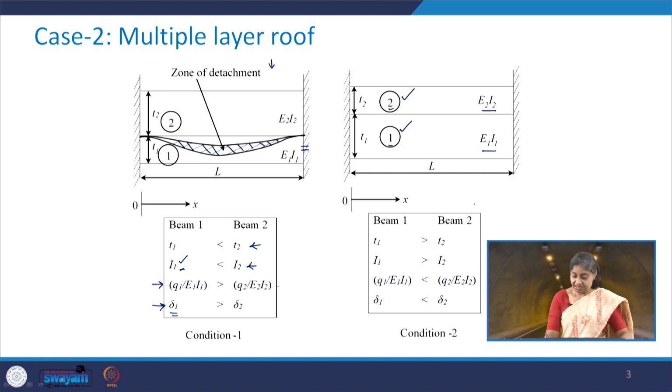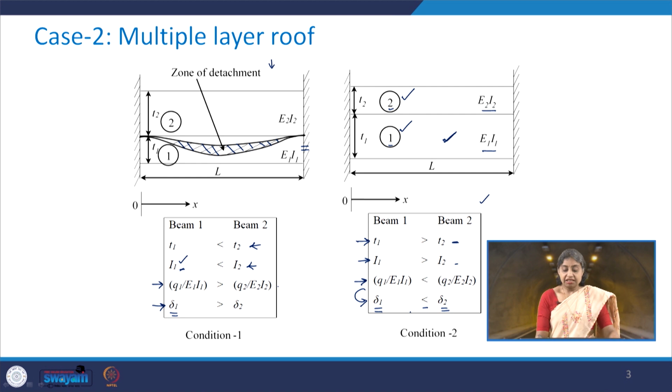However, what happens in the second case? We have the thickness of the lower beam more than the thickness of the upper beam, and accordingly the I1 value will also be greater than I2. Now, if Q1 by E1 I1 is less than Q2 by E2 I2, this would result in the situation where the lower beam will deform less as compared to the upper beam.